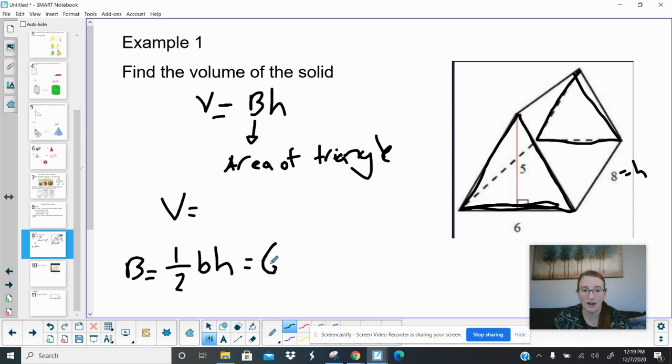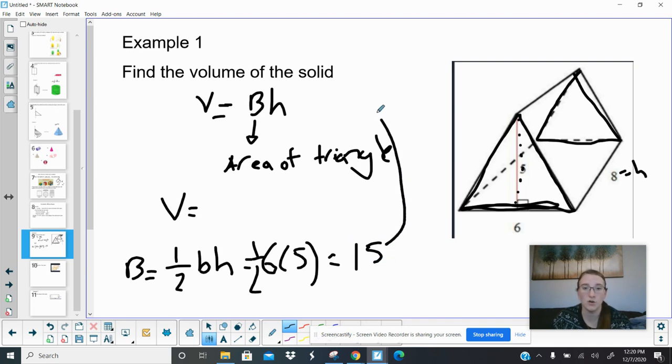Hopefully we got that there. Oops, 1/2. The base is 6. What's the height of the triangle? 5. This is the height of the triangle. So 1/2 of 6 times 5, that is 15. That is the area of the base that we are then going to plug in to B. So our B is 15.